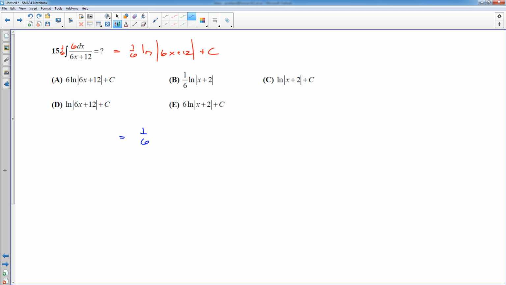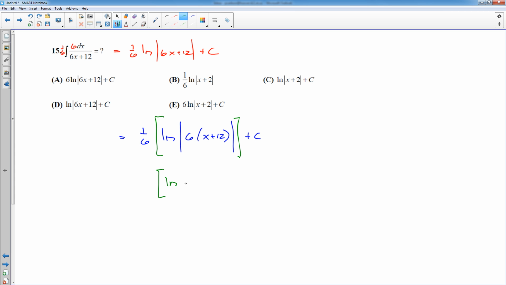That's the same thing as 1/6 times the natural log of 6 times x plus 12, plus a c. And one of the properties of logs states that if you are multiplying inside a log, you can actually split that into addition.